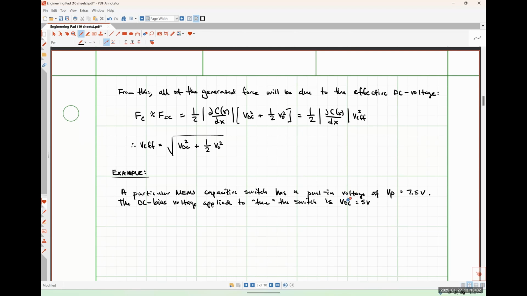So essentially we're trying to use this switch type structure as a variable capacitor. We apply this DC voltage, it lowers the overall capacitance, then we're going to put an AC signal on top as maybe part of a filter or something like that.